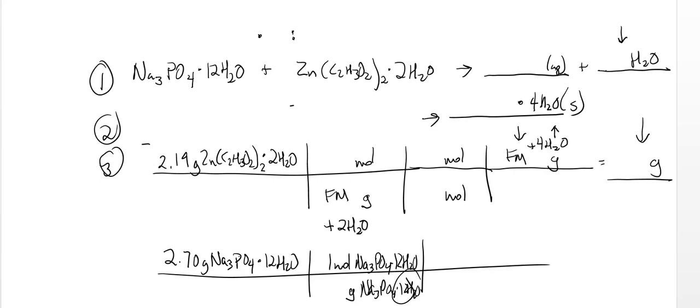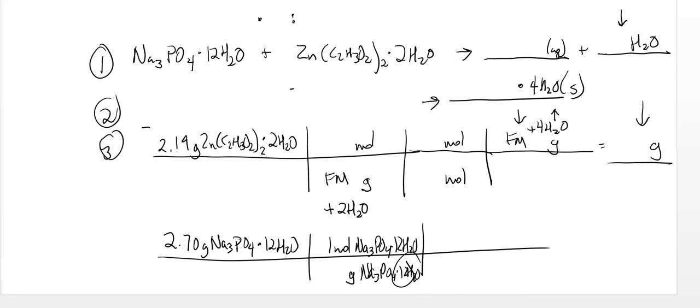You're going to have to add that in with sodium phosphate. One of these is going to give you the smaller amount. That is how much you should be expecting.